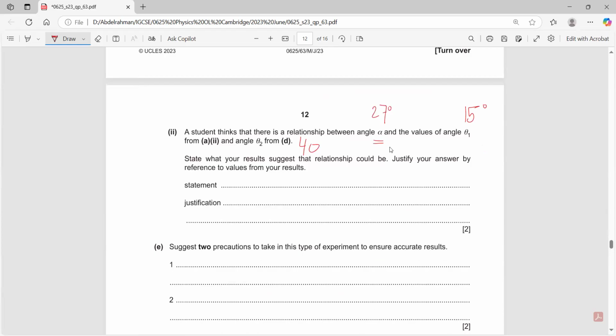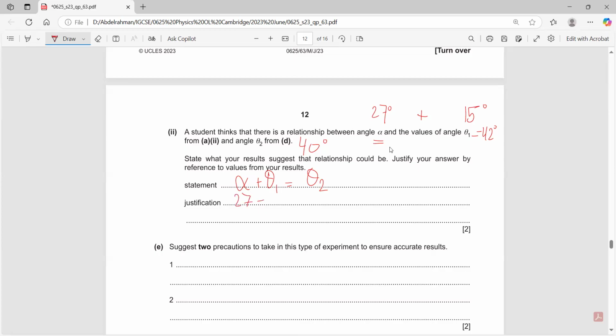Someone might say, if you add 27 and 15, this will give you a value of 42. And if your values are slightly off, for example theta 1 was 16 and alpha was 24, adding them would give exactly 40. So there is a relationship: alpha plus theta 1 is equal to theta 2. Why?